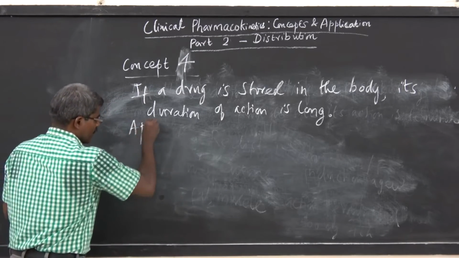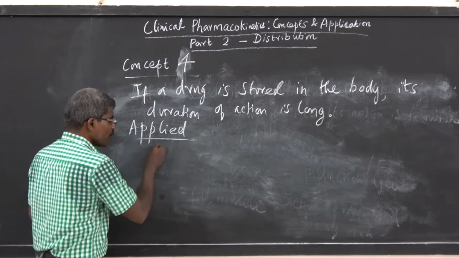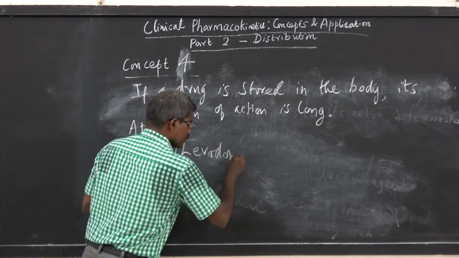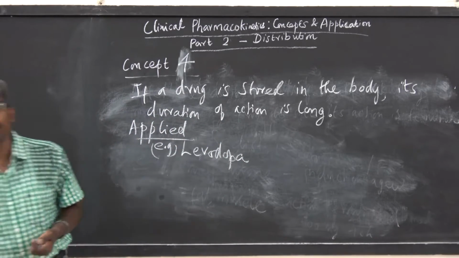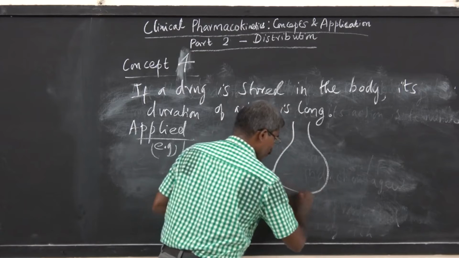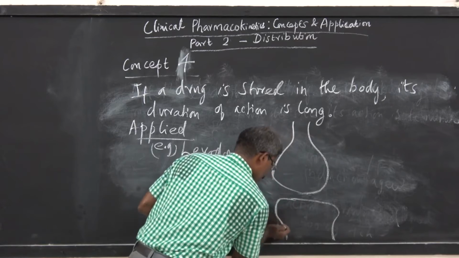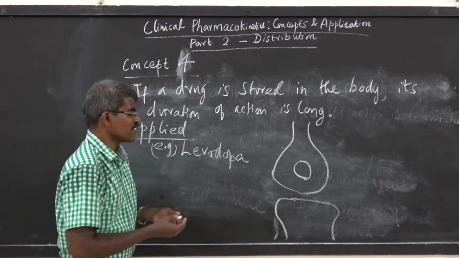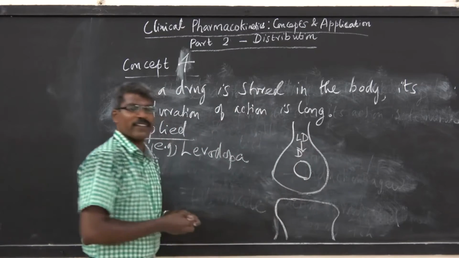Now let's see how this simple concept is applied. Let's take an example of a drug called levodopa. Now you all know that this is a drug which is used for the treatment of Parkinson's disease, isn't it? So let's take a small dopaminergic neuron. Now what happens is levodopa is converted to dopamine.